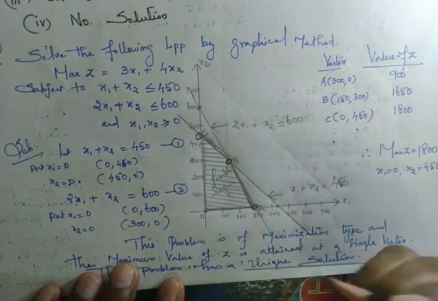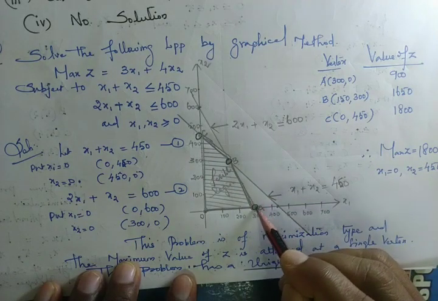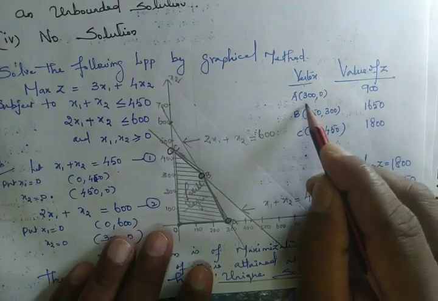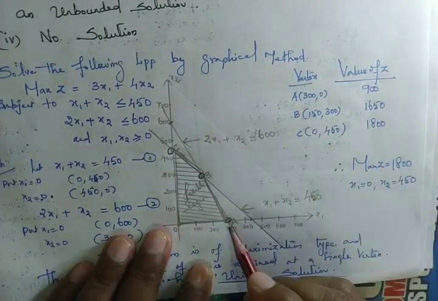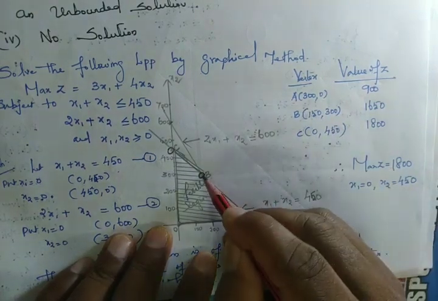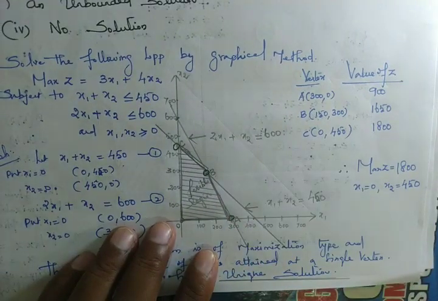After finding that, you are going to consider only the intersection points in the boundary. This one is always 0, you don't need to consider that. Except this you can consider. The first intersection point is A. That A value becomes 300, 0. If you do the same problem on graph sheet, you can find the exact point of intersection.